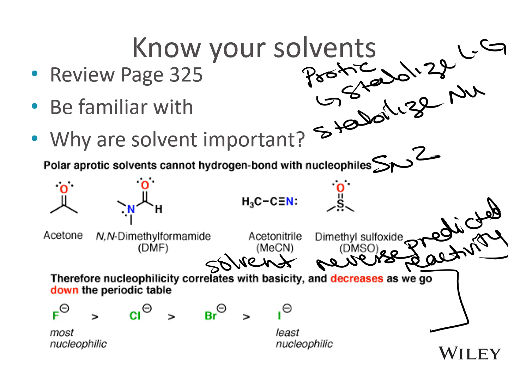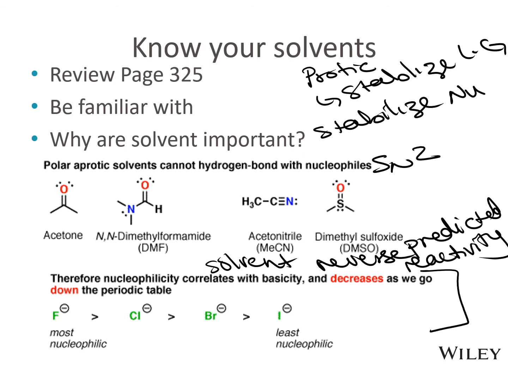And I'll show you that in the next slide. But by having a nucleophile in which you're using a polar protic solvent, that can help to stabilize a nucleophile more. And so typically, some nucleophiles are better at being stabilized than others. And by doing that, I can change the reactivity of my nucleophile.